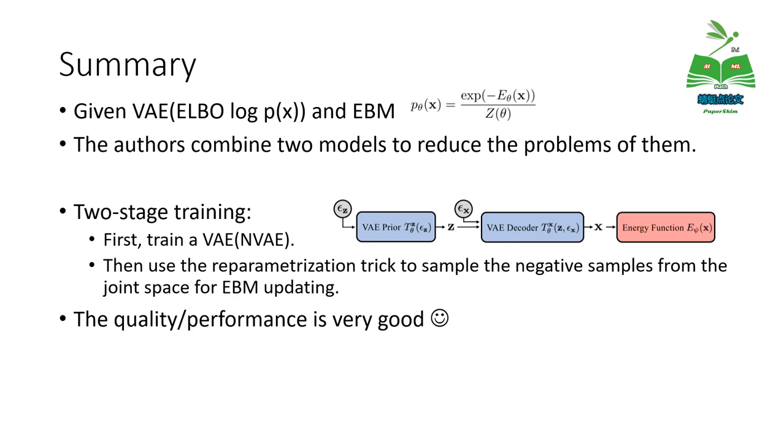Okay, first give a short summary. We know the VAE and the energy-based model are both generative models. Of course, they have their potential problems. From the mathematical definition or the objective function, VAE defines the ELBO of the log likelihood, and energy-based model has its own likelihood definition.